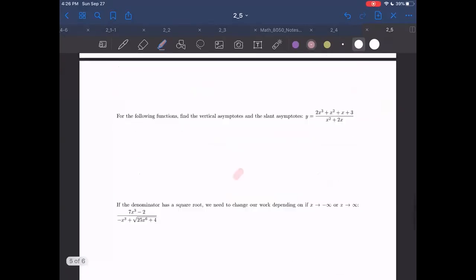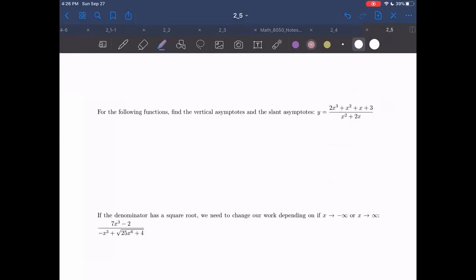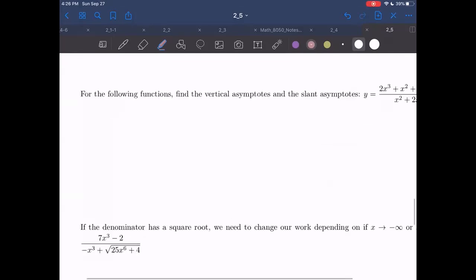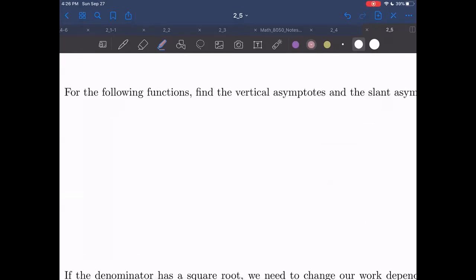So we'll do an example of how to find that. We'll first find the vertical asymptotes and then the slant asymptote. Remember the vertical asymptotes occur when y is approaching some c over 0, or when the denominator equals 0.